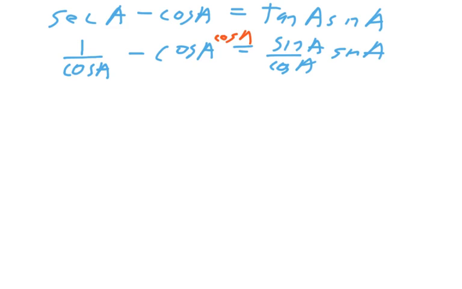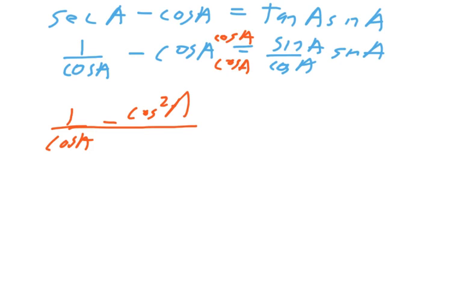So this part is missing a cosine. So I got 1 over cosine A minus, actually I can just do this, minus cosine squared A equals sine squared A over cosine A.